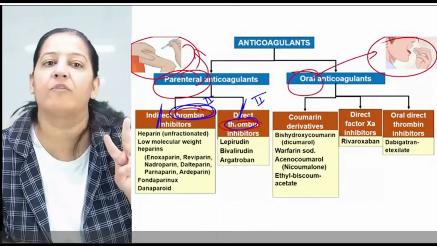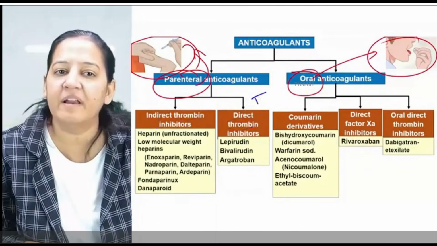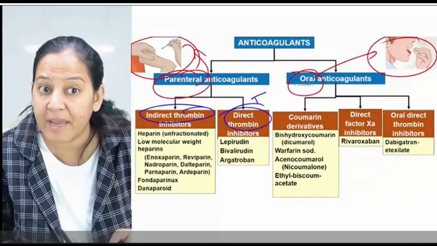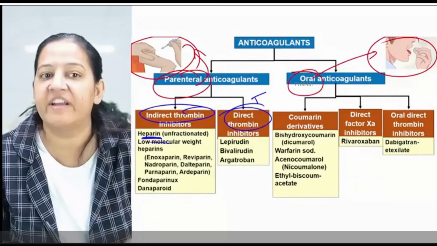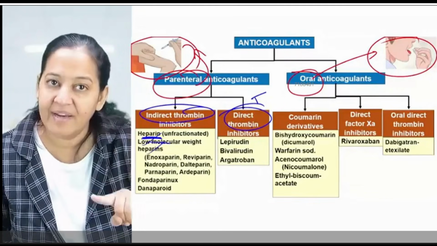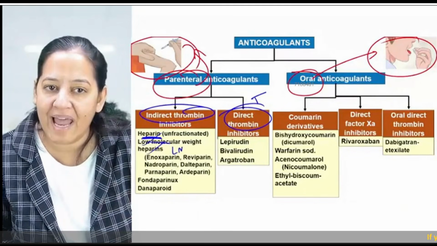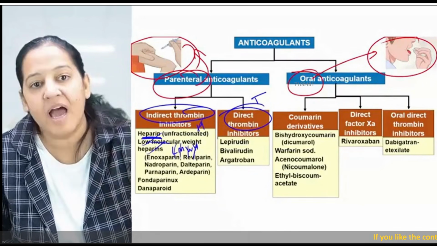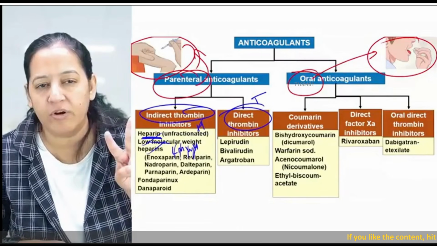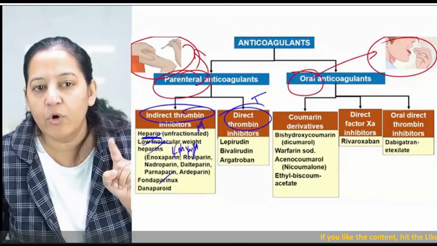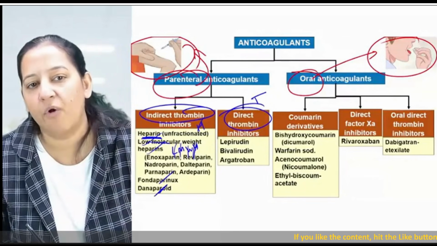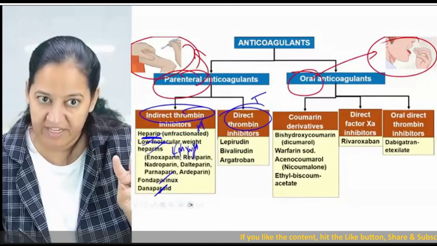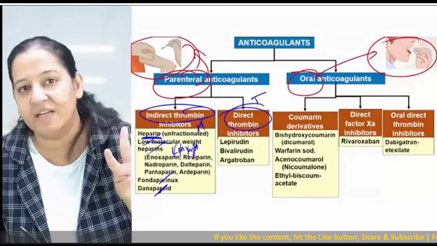So parenteral anticoagulants are of two types, indirect factor 2 inhibitors and direct factor 2 inhibitors. In indirect factor 2 inhibitors, there are heparin and low molecular weight heparin, LMWH. I will teach you heparin as well as low molecular weight heparin. Two more drugs are there, fondaparinux and danaparoid. So total 4 drugs are there: heparin, low molecular weight heparin, fondaparinux and danaparoid.